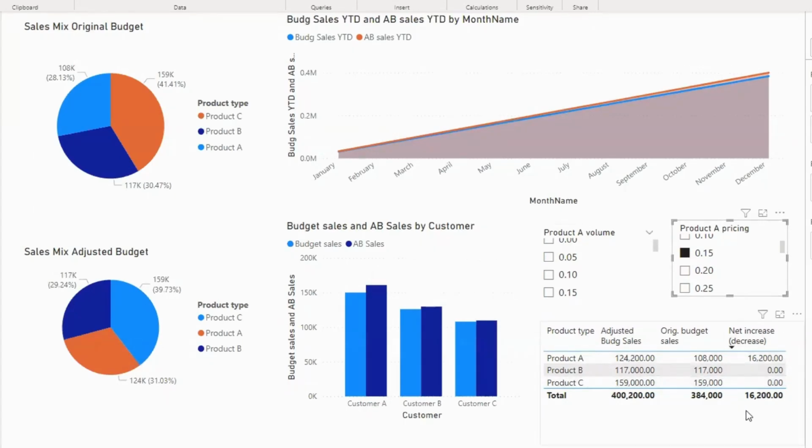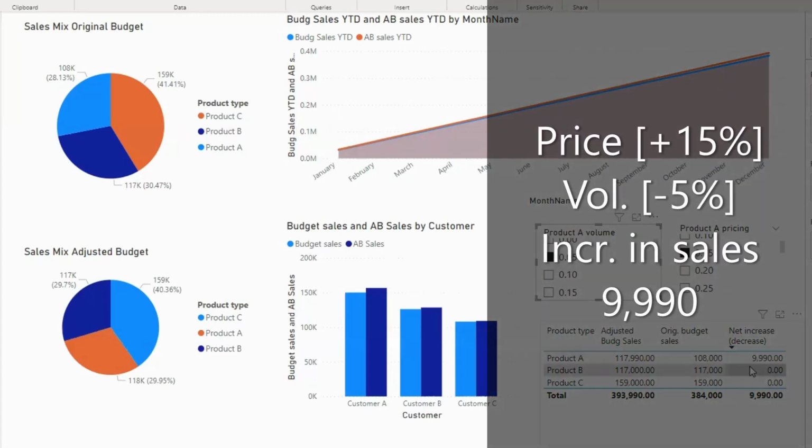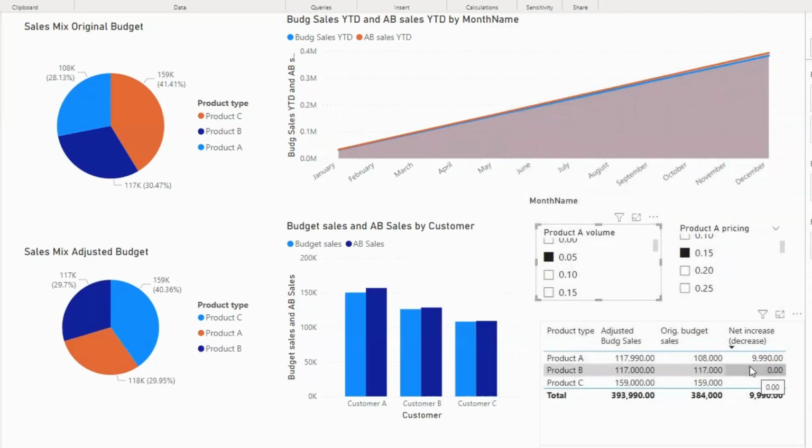So it is not as high compared to the previous scenario, which is expected. Now if we factor in the decline in volume, which is at 5%, sales increase is only at 9,990. This seems higher compared to the first scenario. So let's take note of this and see what happens with the last one.